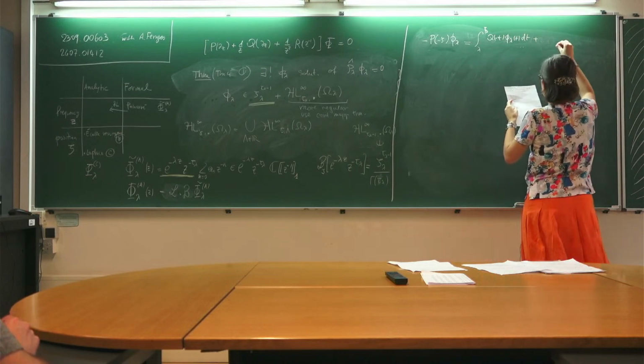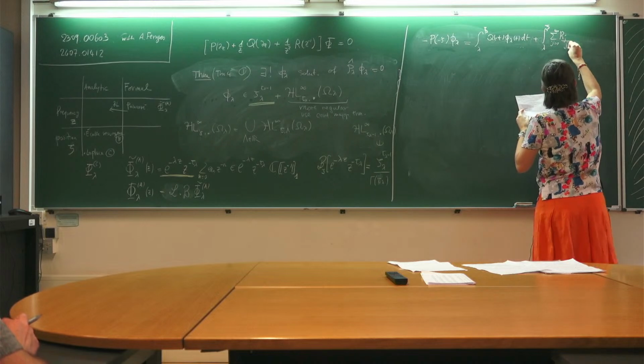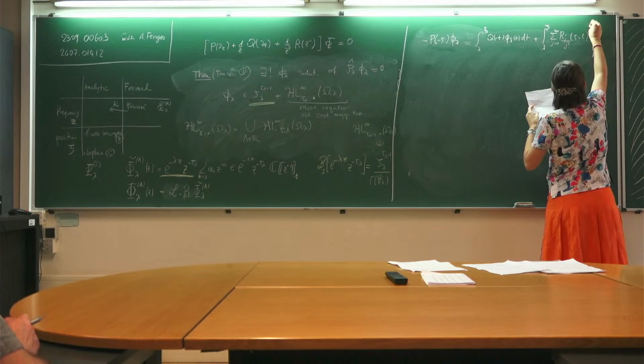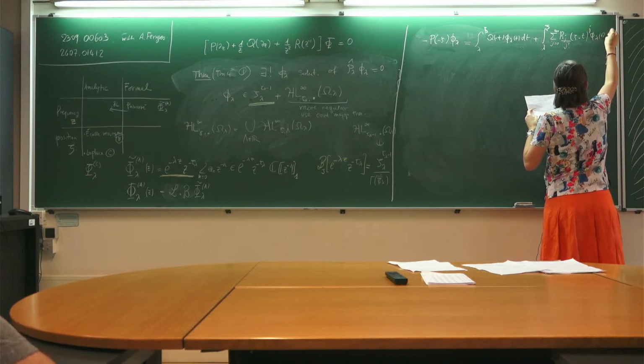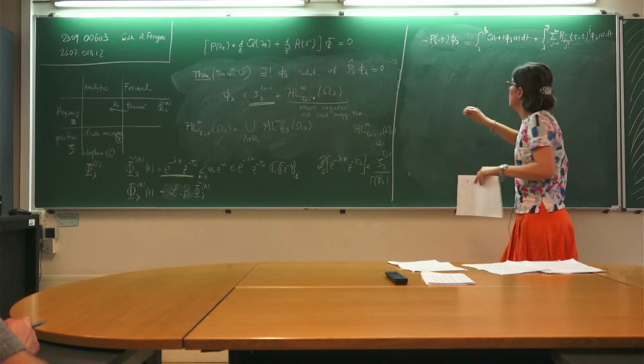And then we have the part in R. Okay, this should be exactly what you have. And now I'm going to divide by P.